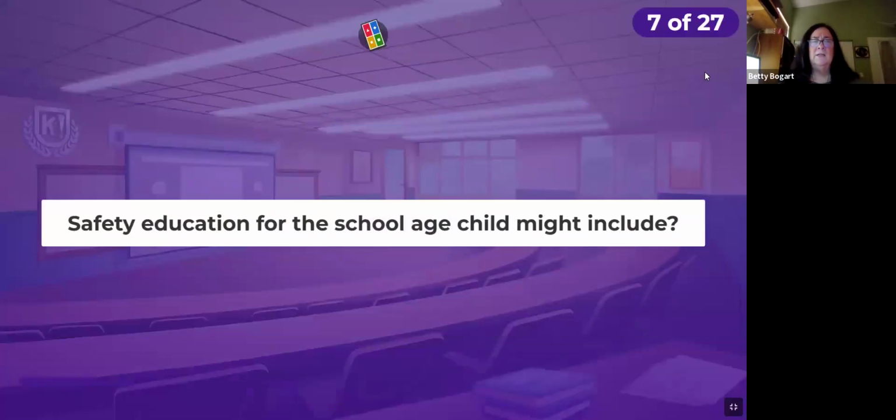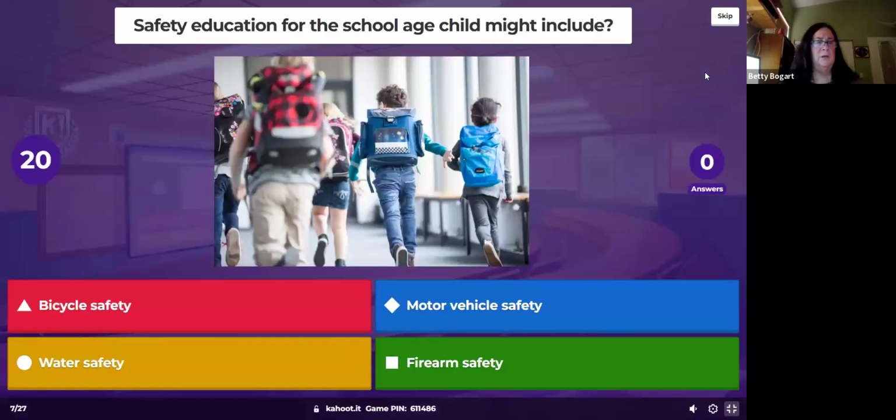Safety education for the school age child might include many things. Remember, school-age children are the best group of children for teaching.